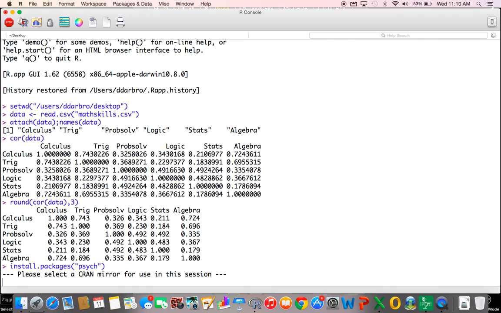Select a CRAN mirror. Okay, this is annoying. Don't you just hate the spinning wheel?